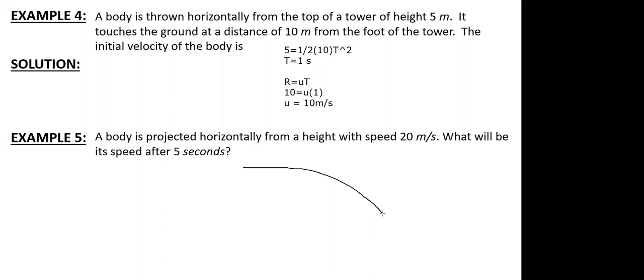So along the vertical axis, uy is equal to 0, t is given as 5 seconds. So Vy is equal to Uy plus ay t. Then Vy is equal to 0 plus 10 into 5, which is equal to 50 meter per second.